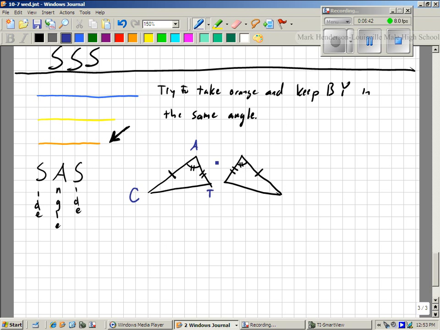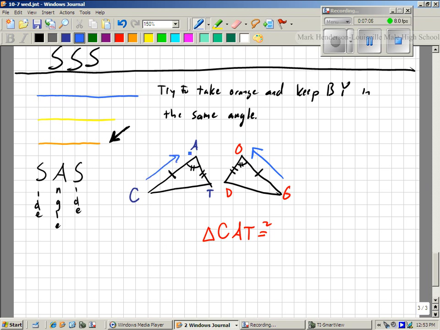So if I name this CAT and this DOG, what is CAT congruent to? No. It's G. See?